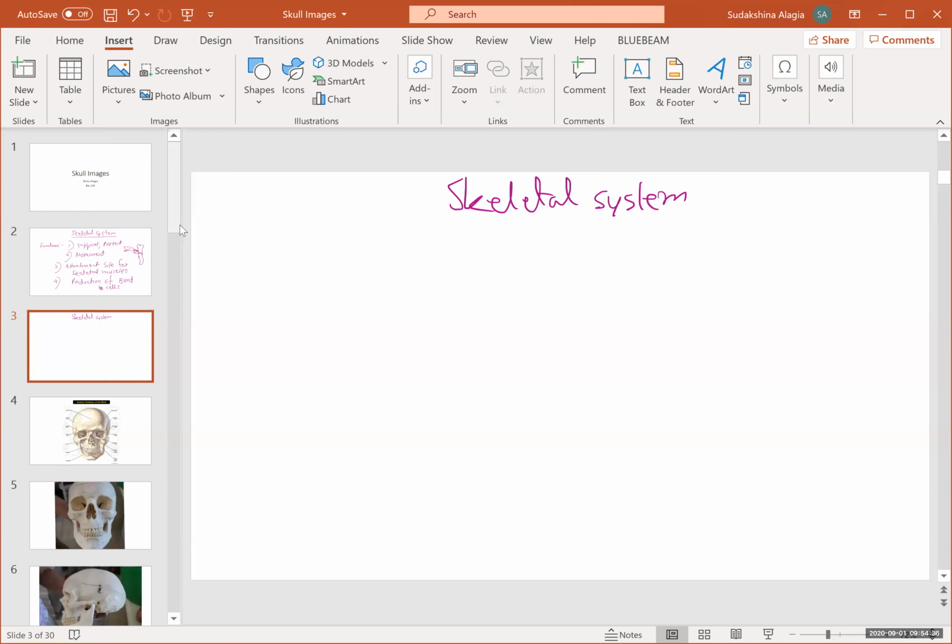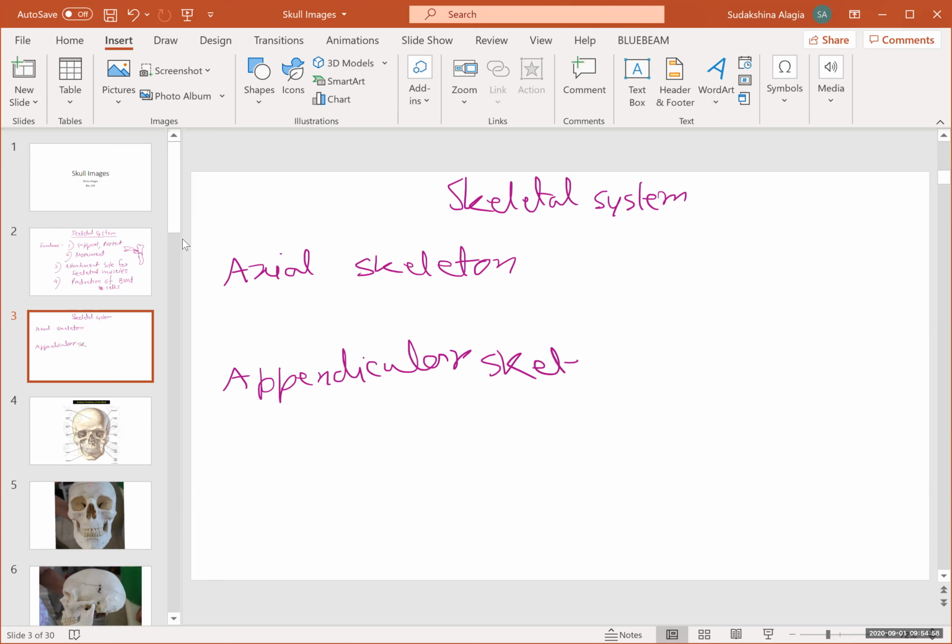Okay, so we divide the skeletal system into axial skeleton and appendicular skeleton. That's how we'll be studying this.